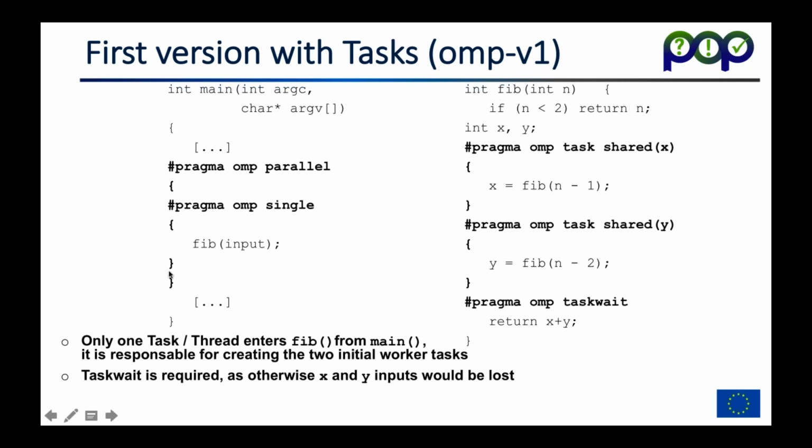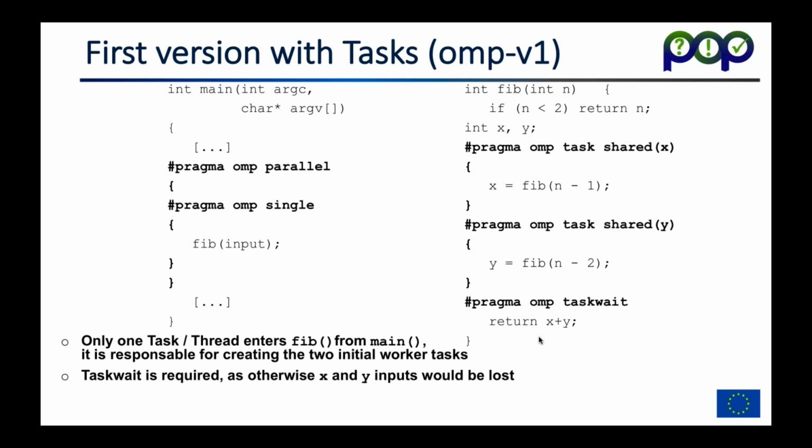The others will wait in the implied barrier. And then I have, let me call it, a left-hand branch and a right-hand branch. And I have this OpenMP taskwait, so that x and y are actually computed in the respective tasks before the sum is computed and returned. I have to say shared x and shared y to prevent the compiler and runtime from giving me a new x and y for every task.